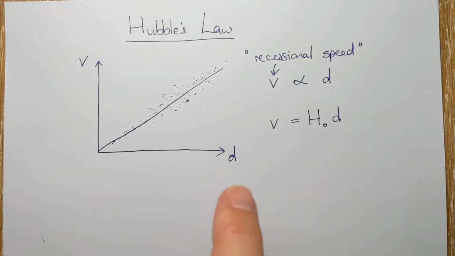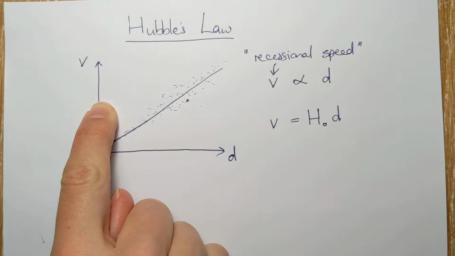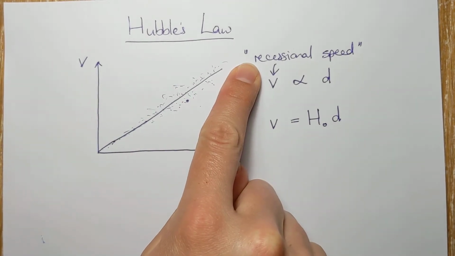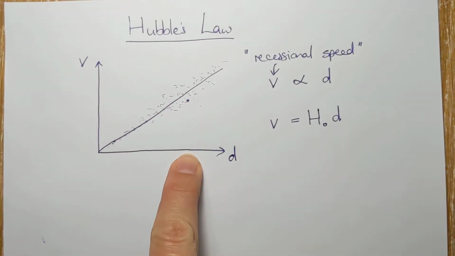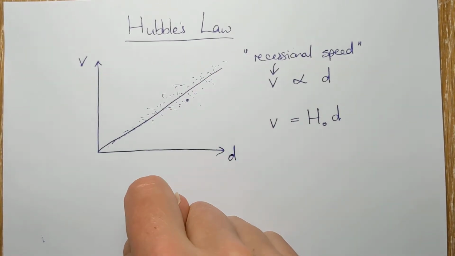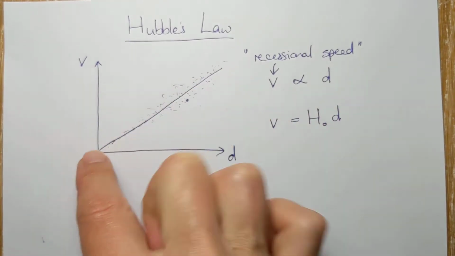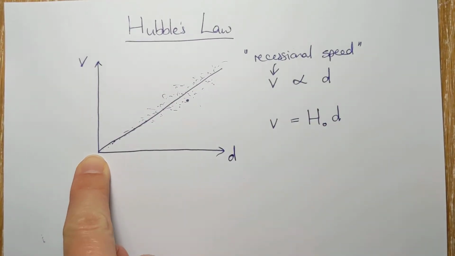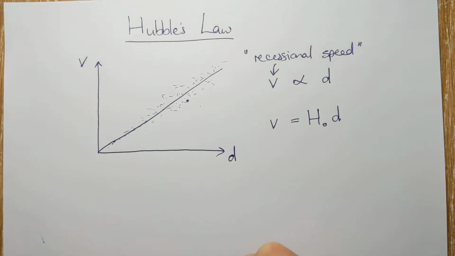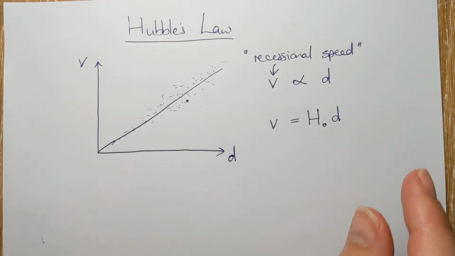They found that the speed that a galaxy is moving away from us, which we call its recessional speed, is directly proportional, would you believe, to how far away it is. And there's a lot of scatter. I'm trying to show the original data here a bit. There's a lot of scatter, but it's a definite linear trend through the origin. So all the distant galaxies are moving away from us, and if they're twice as far away, they're moving away from us twice as quickly.